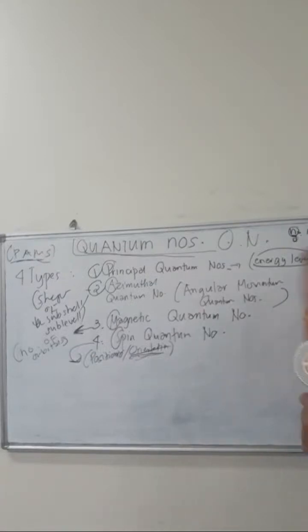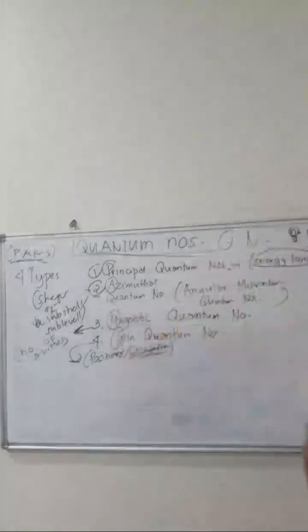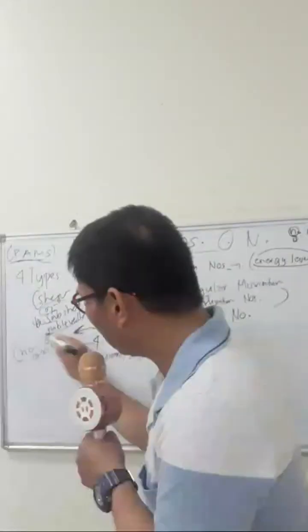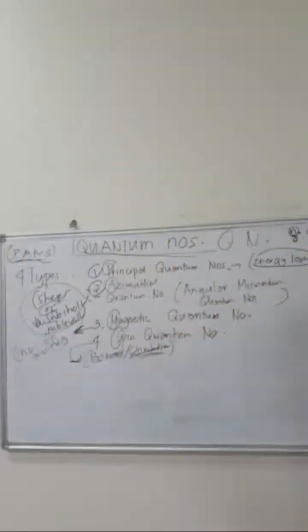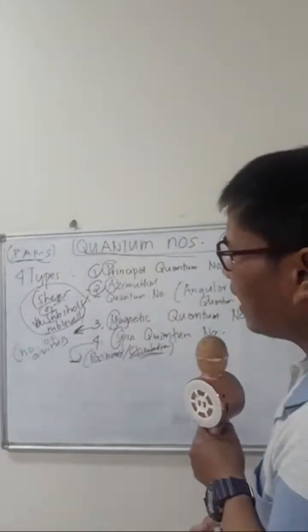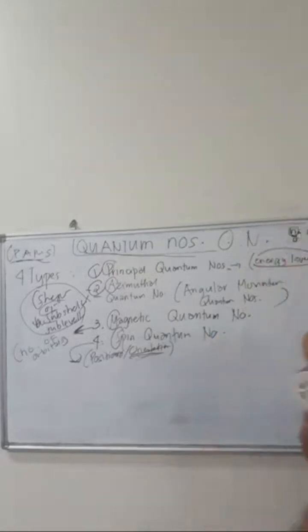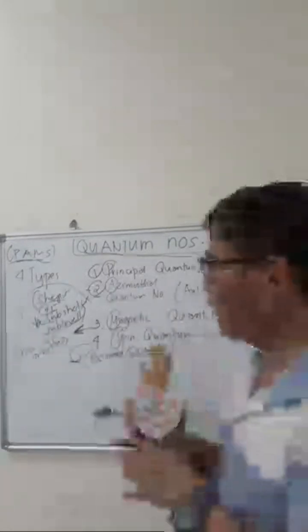Okay, we go to number 2. Azimuthal quantum number, or angular momentum quantum number. It has to do with the shape of the subshell and the sublevel, meaning it describes the shape of the sublevel and the subshell of the electrons in an atom, in that particular energy level also, of course. Number 3, magnetic quantum number. It has to do with the number of orbitals.